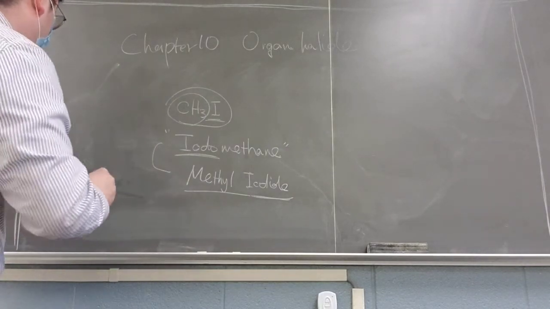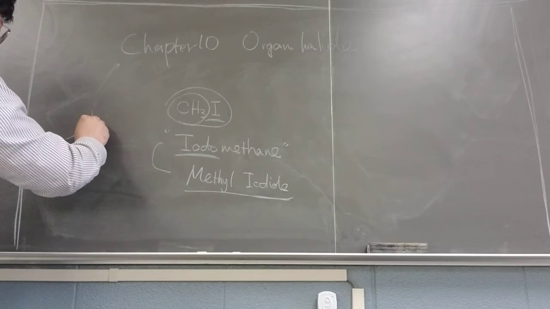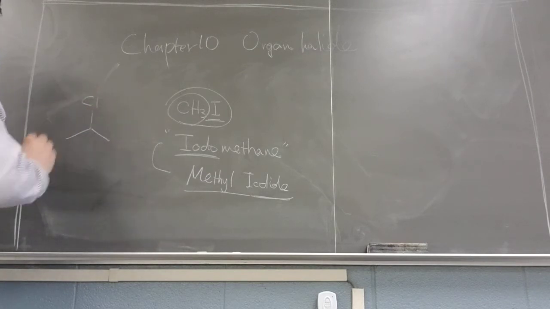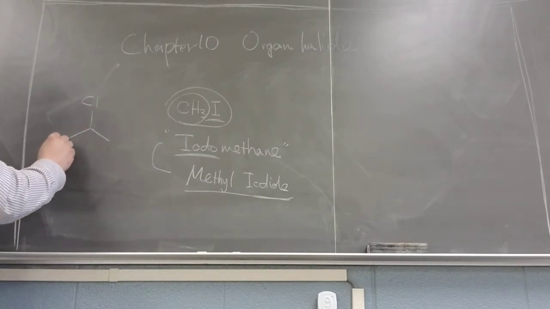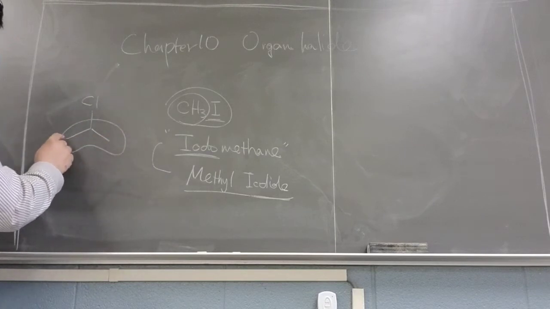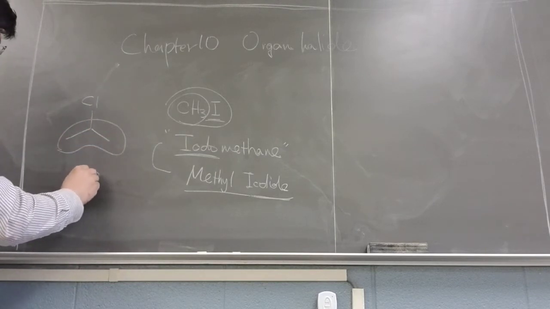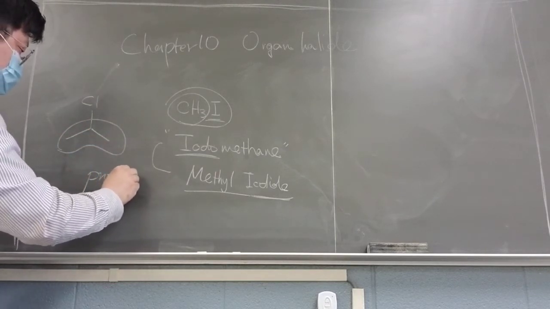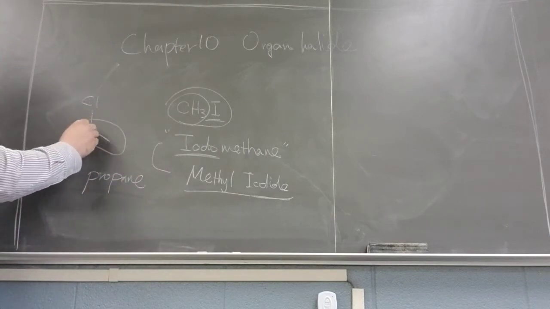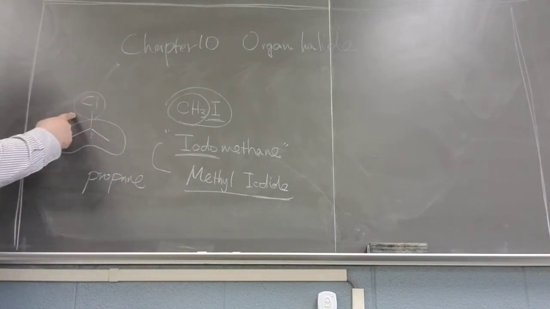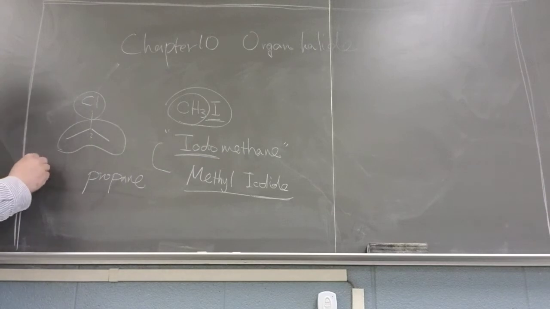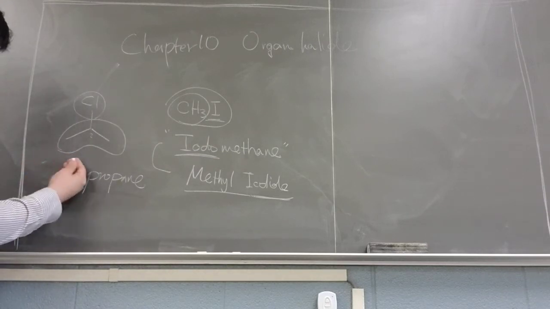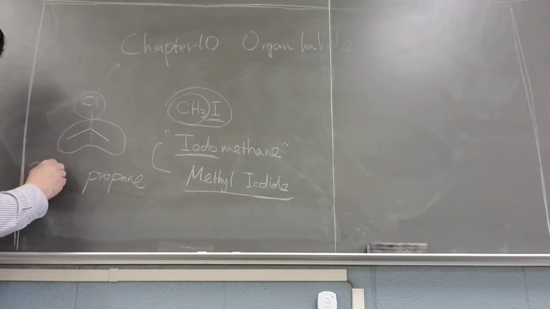So whenever you have this one, you can actually do this. You have 3 carbons in the base, so propane. But the number 2 carbon has the chloro group there, so you can do 2-chloropropane here.